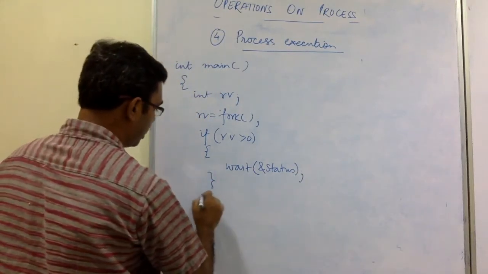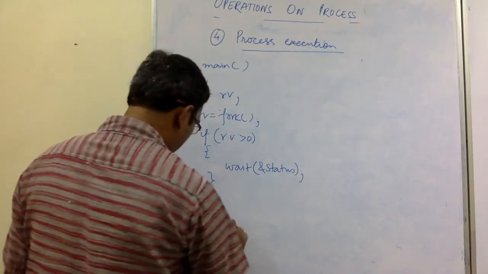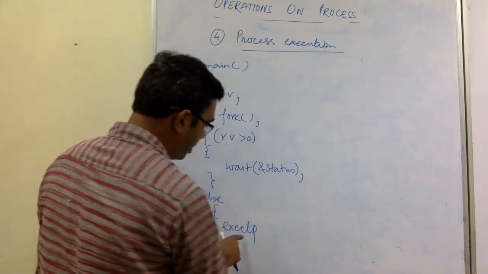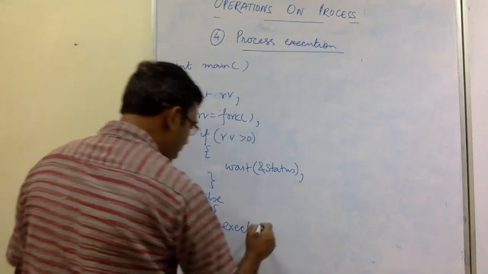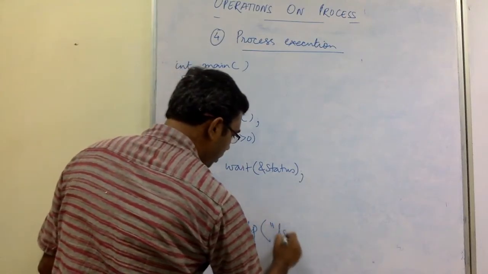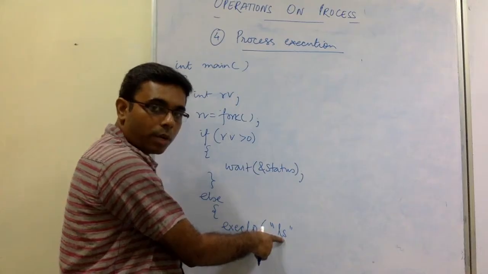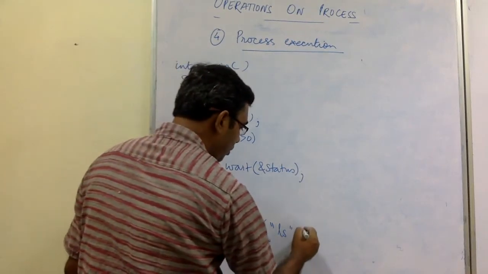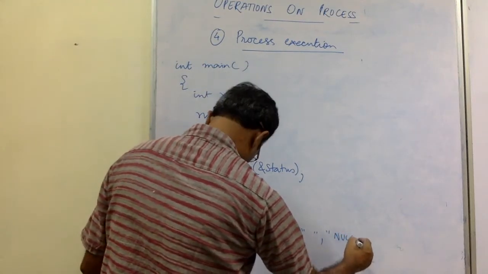If not, that is if you are the child process, so what we'll do is we'll make use of a system call exec, that is execute. And what this exec does is it simply takes a parameter which is the new program. Let's say the program is called ls. It takes this new program and it overrides.